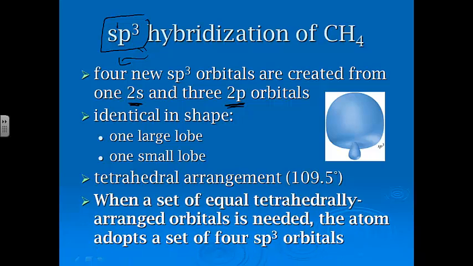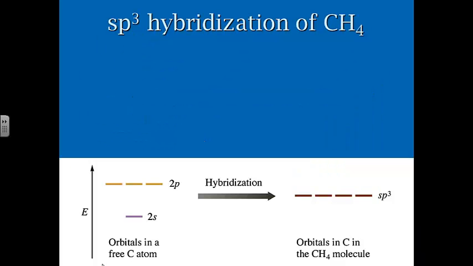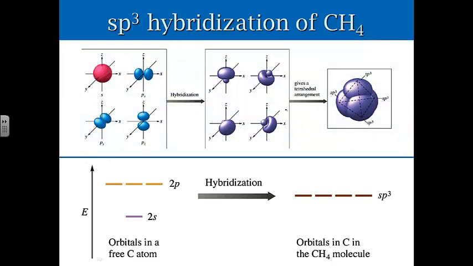When we need a set of tetrahedrally arranged orbitals, we end up with 4 sp3 orbitals. From a bonding perspective, they fill in and they're all equidistant away from each other. So the 2s and the 2p come together to form these 4 sp3 hybrid orbitals.